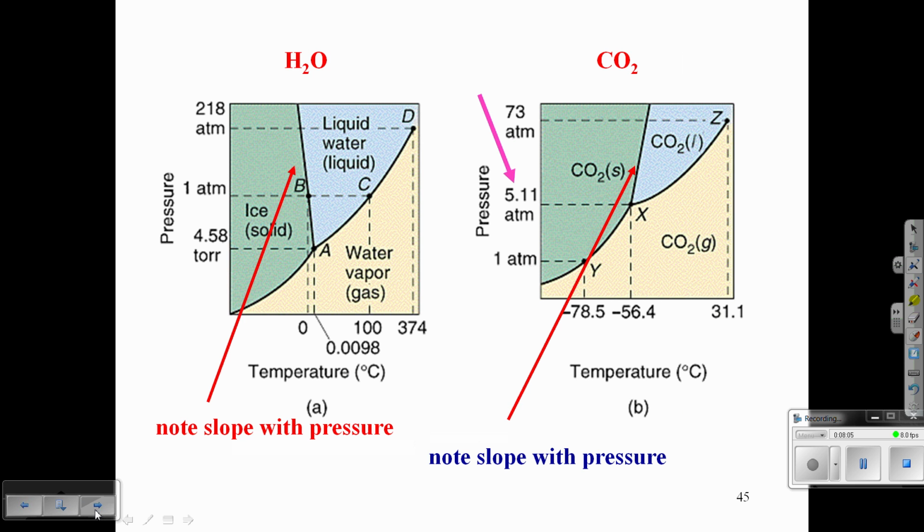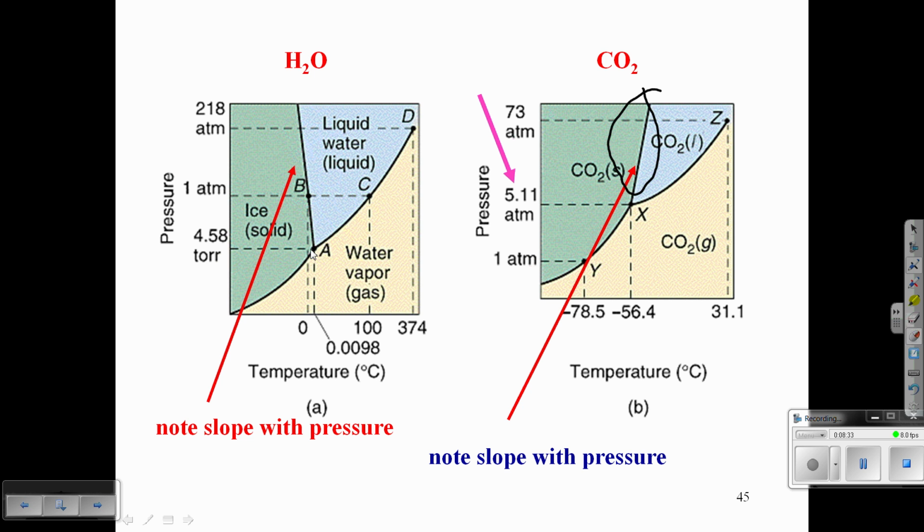One of the other key things you need to be able to interpret is the slopes of the line representing the boundary between liquids and solids. If it has a positive slope to it, like here, CO2 has a positive slope, it means that the solid is more dense than the liquid. One of the things we know is water, for example, is one of the only substances that is more dense as a liquid than a solid.